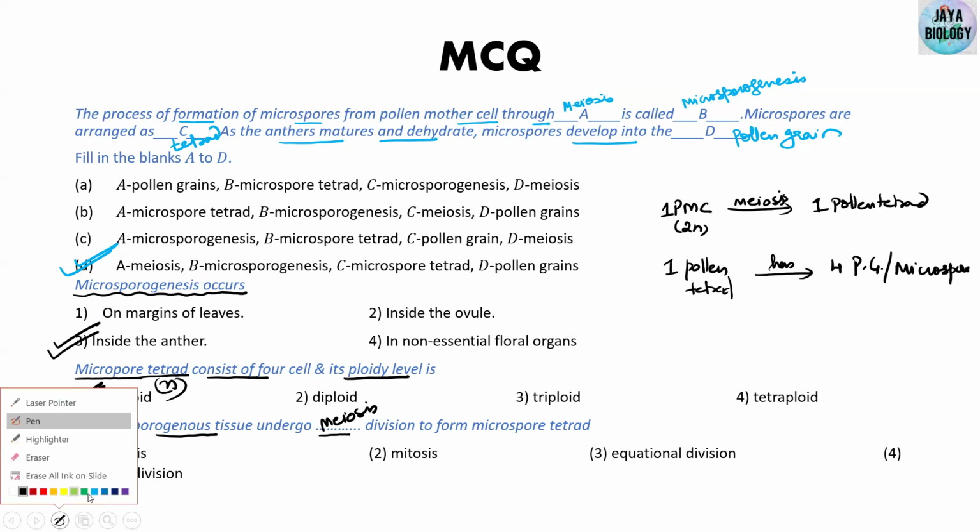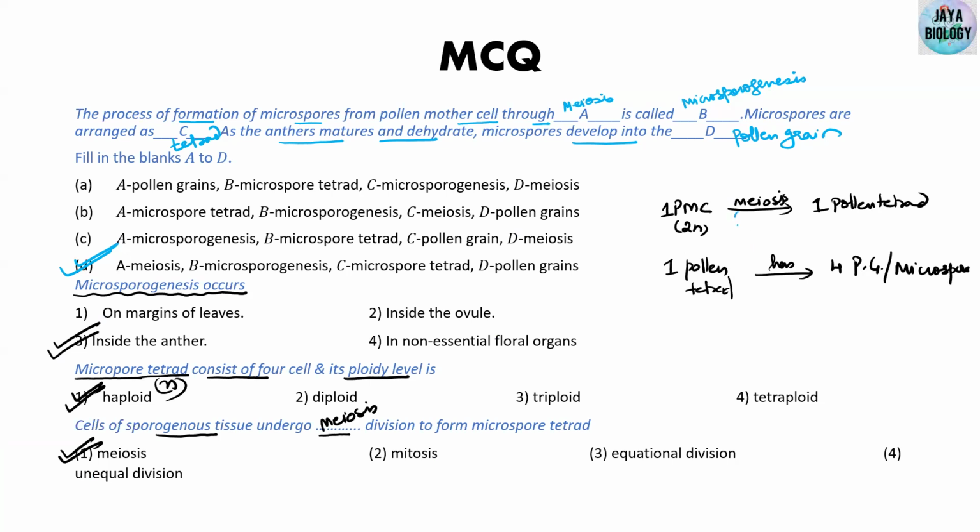Another important point I want to add: 1 meiosis uses 3 spindles. You can recall from cell division, meiosis 1 uses 1 spindle apparatus and meiosis 2 uses 2 spindle apparatus. So total they use 3 spindle apparatus. So I hope this video might be helpful for you. Thanks for watching.